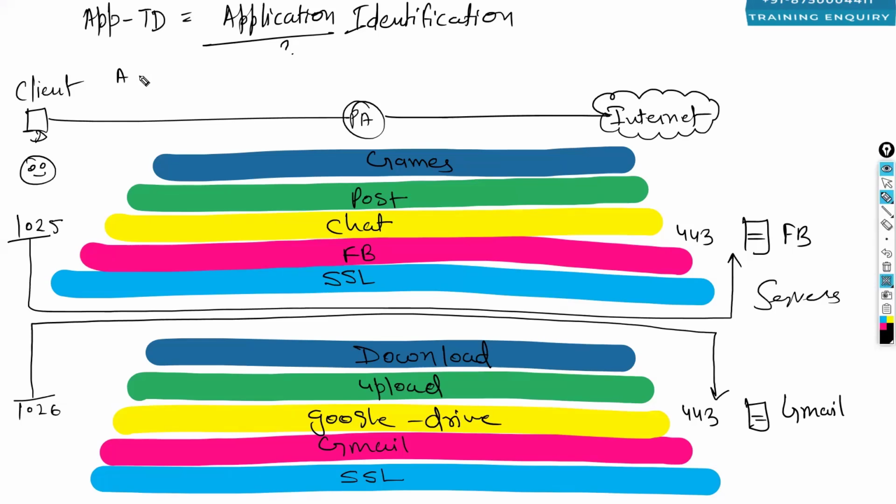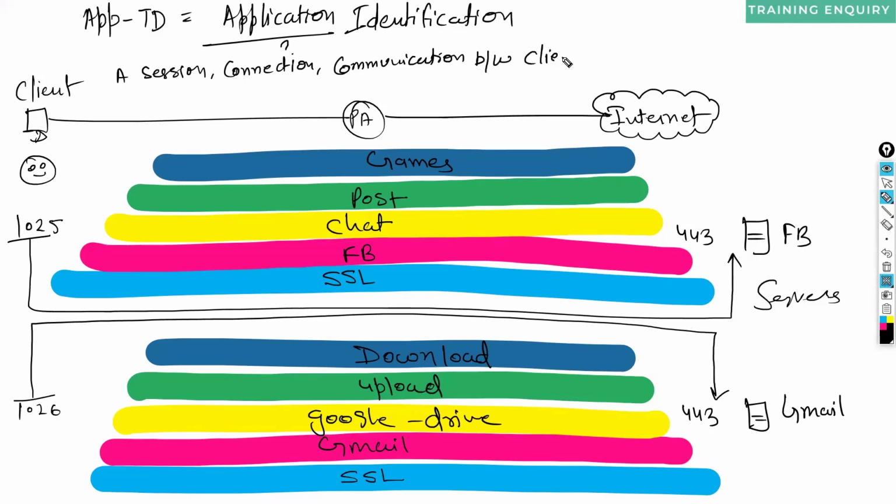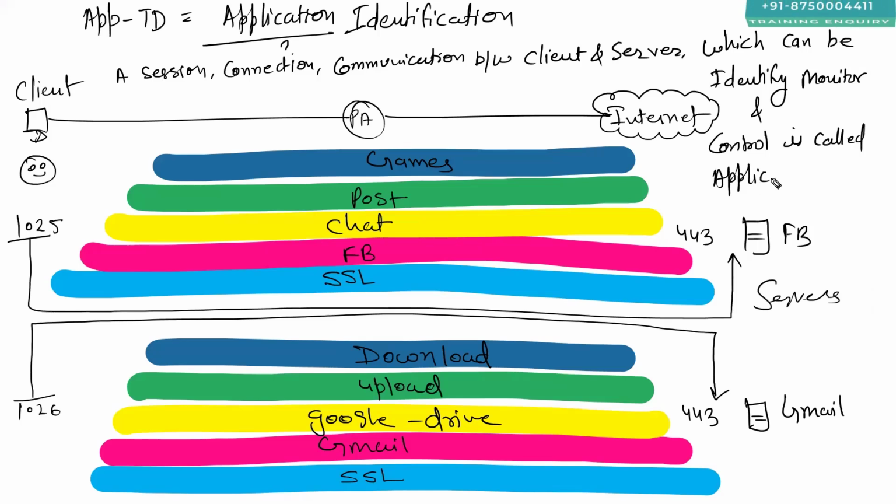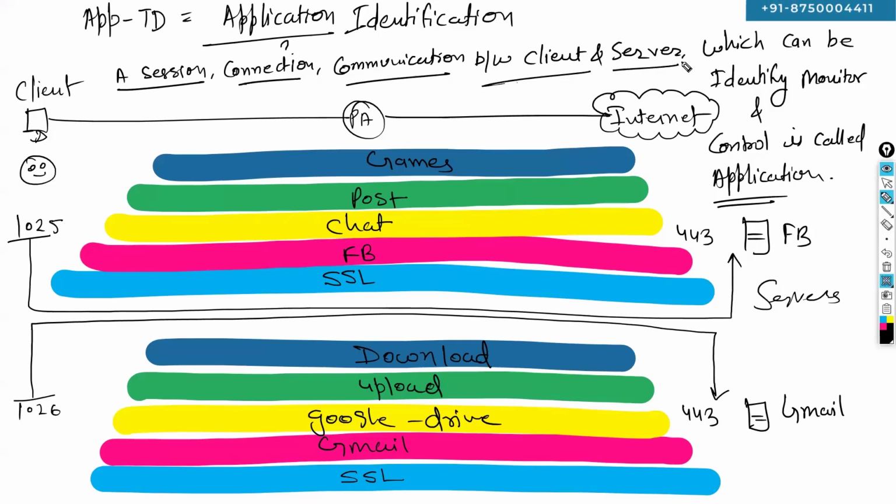So we can say a session or connection or communication between client and server which can be identified, monitored, and controlled is called an application.